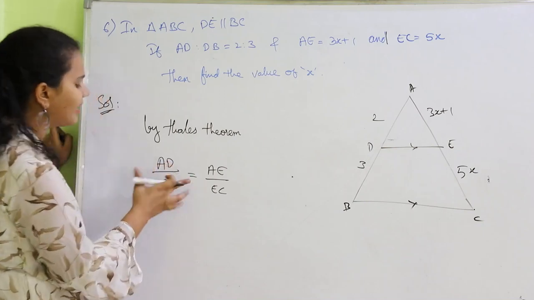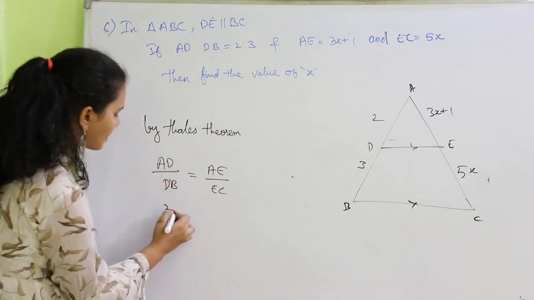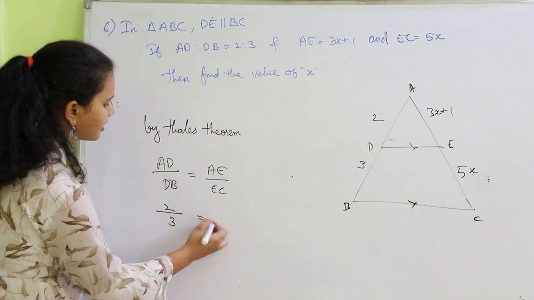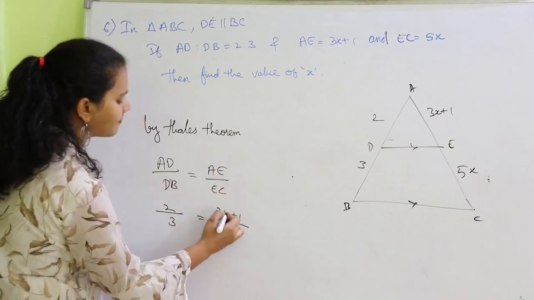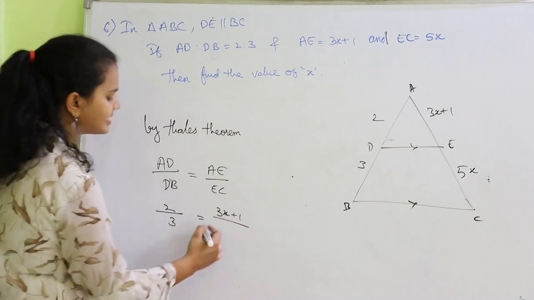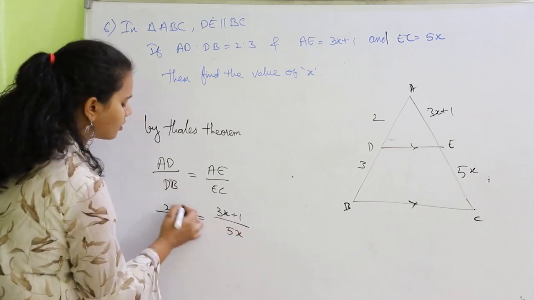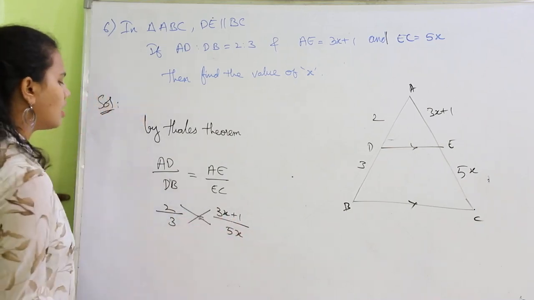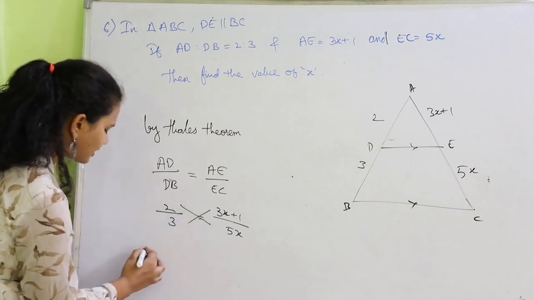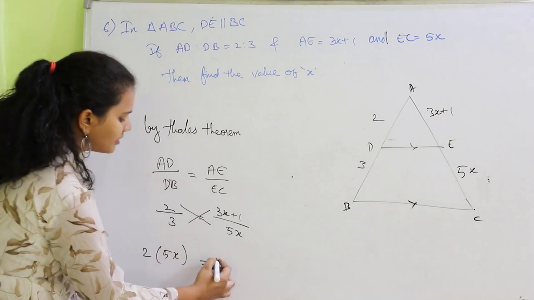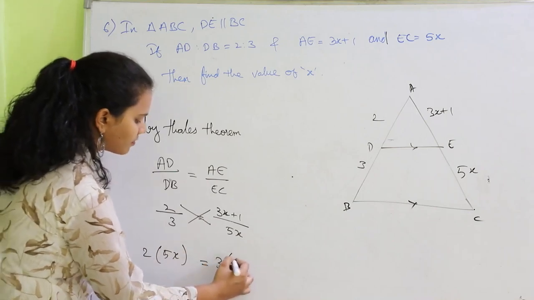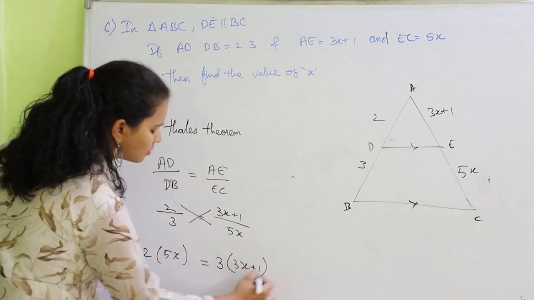Now let us write down the values. AD value is 2 by DB value 3 equals AE value 3x plus 1 by EC value 5x. Clear? Now cross multiply this. After cross multiplication, this becomes 2 into 5x equals 3 into 3x plus 1.